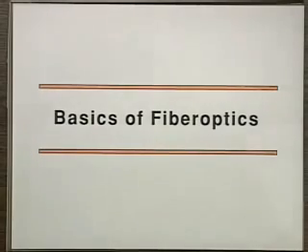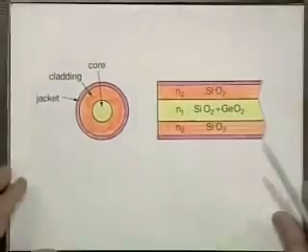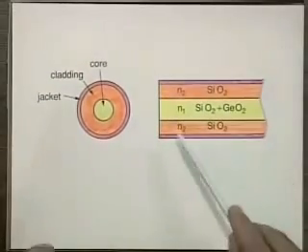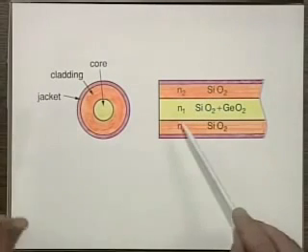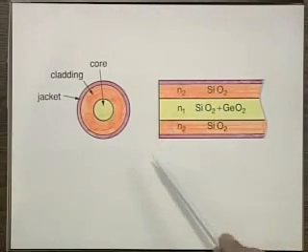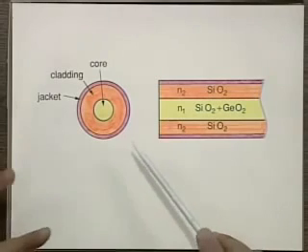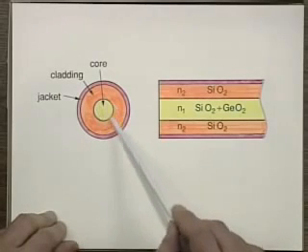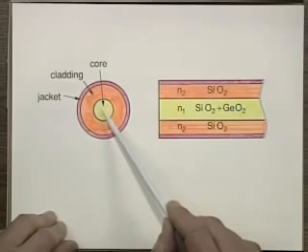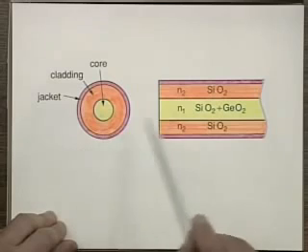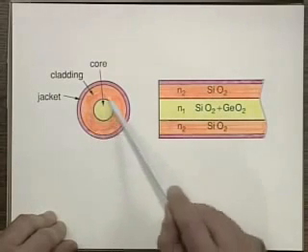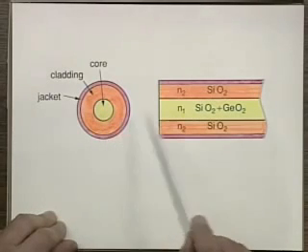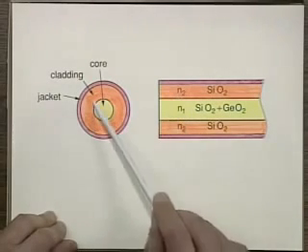So the first question one asks, well, what's a fiber? Now, fibers have been developed for many years, way before lasers, and they basically look like this. If you look from the end, they have a core, which is one type of glass, of a certain index, let's say index N1, surrounded by another glass of index N2 called the cladding.